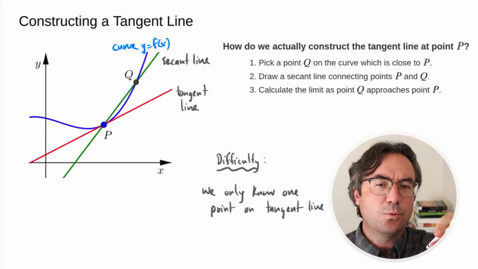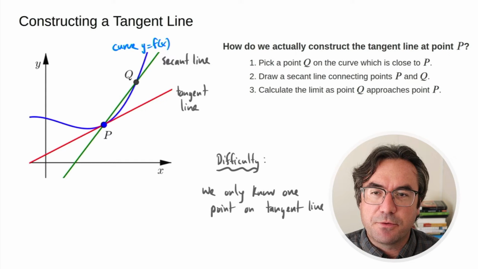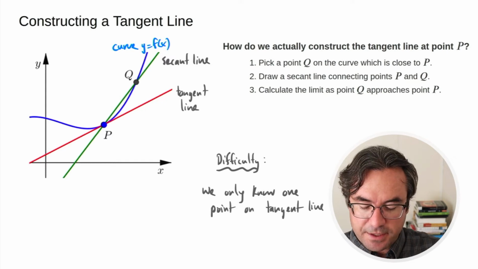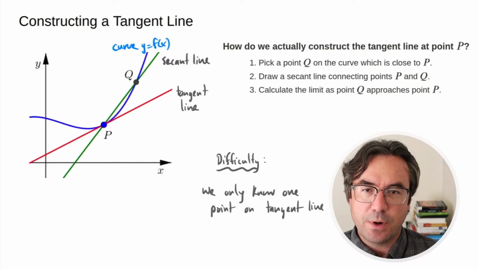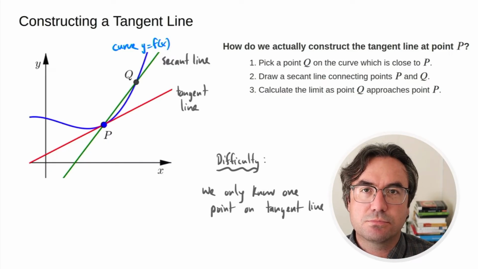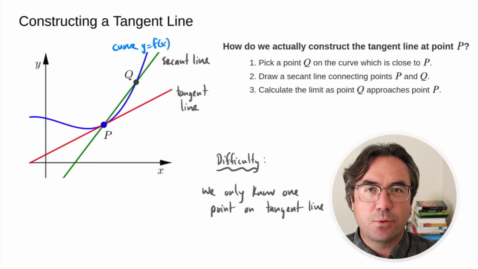With circles, we know where the center is, and there are things we can do. But for a general curve like this, we only know the one specific point, and we can't find a line without two points. So the question is, where does that second point come from?